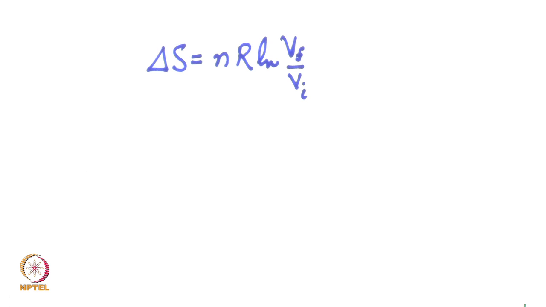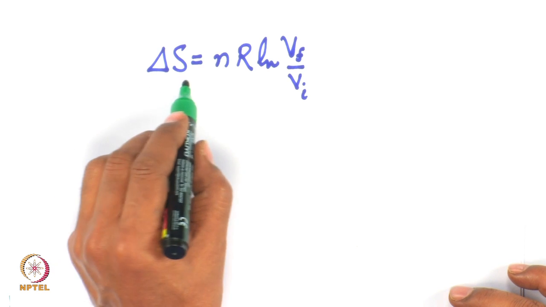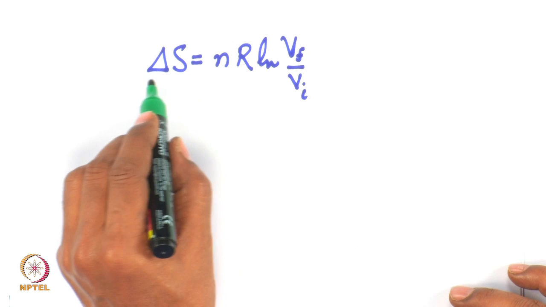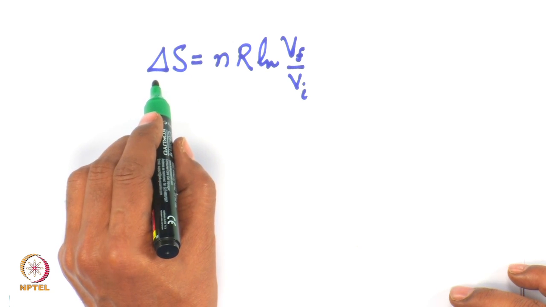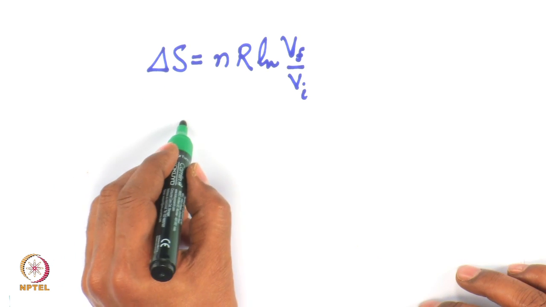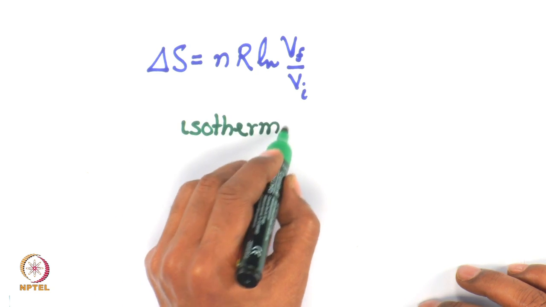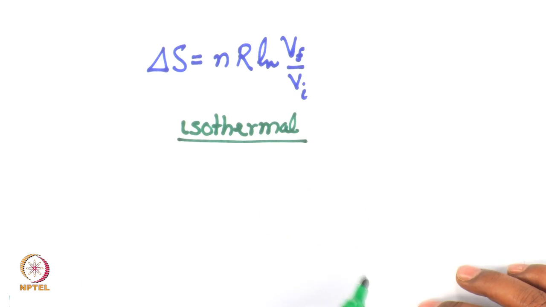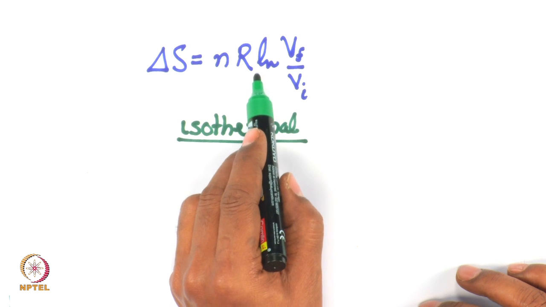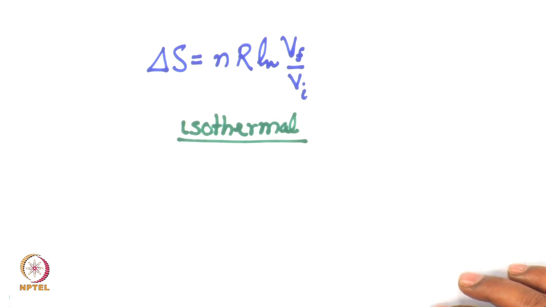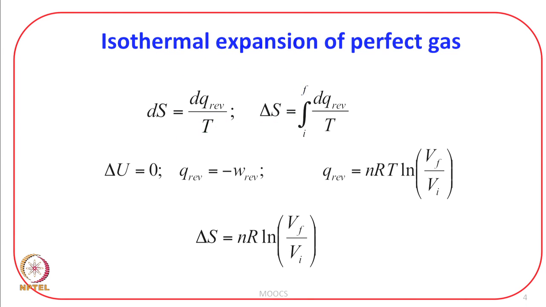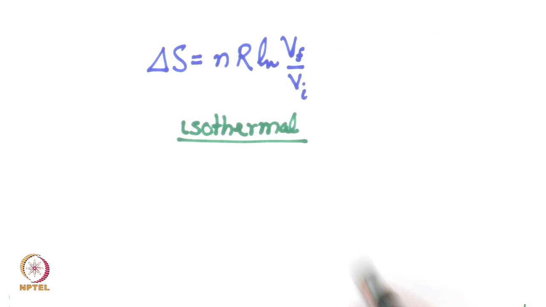This is the equation to be used for calculating the entropy change in the system when the gas expands under isothermal conditions. It is also to be noted that no temperature appears. Although we are saying it is to be used under isothermal conditions, actually in the expression there is no temperature appearing.